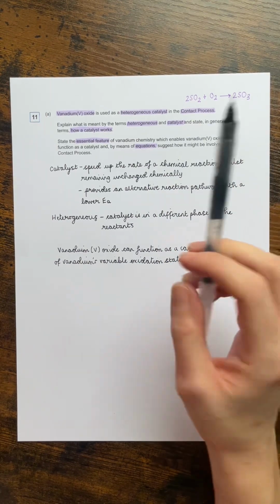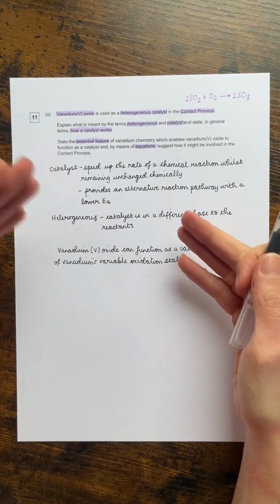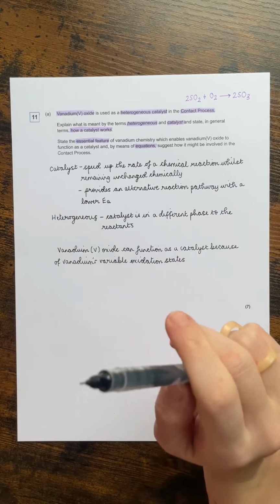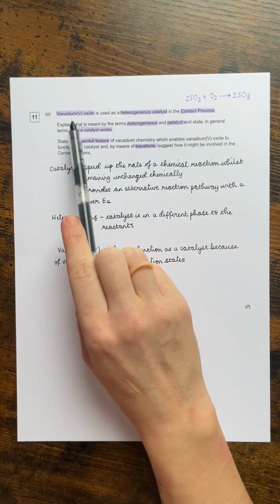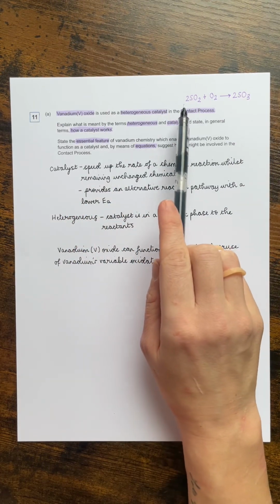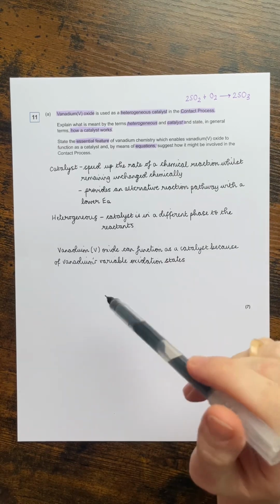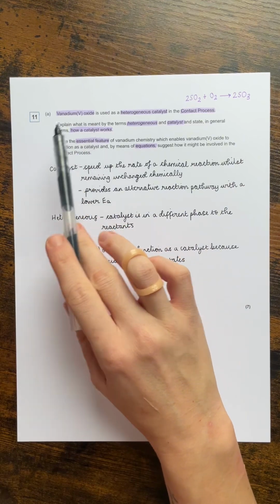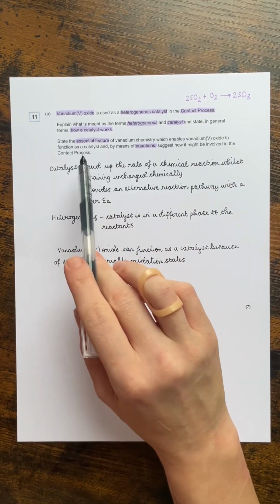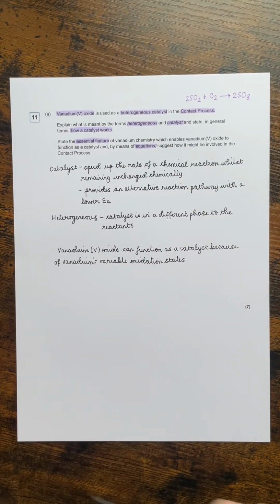So if we have the V2O5 at the start and we have it at the end and it appears on both sides of our equation, we'd be cancelling it out from both sides, and that's exactly what we do need to do. So we need to make it so that the vanadium(V) oxide gets involved in the first step and changes, and then in the second step we change it back again, and all intermediates will need to cancel as well. So what we're going to change the vanadium(V) oxide into is vanadium(IV) oxide. So then that intermediate will then have to cancel as we turn that back into the vanadium(V) oxide.